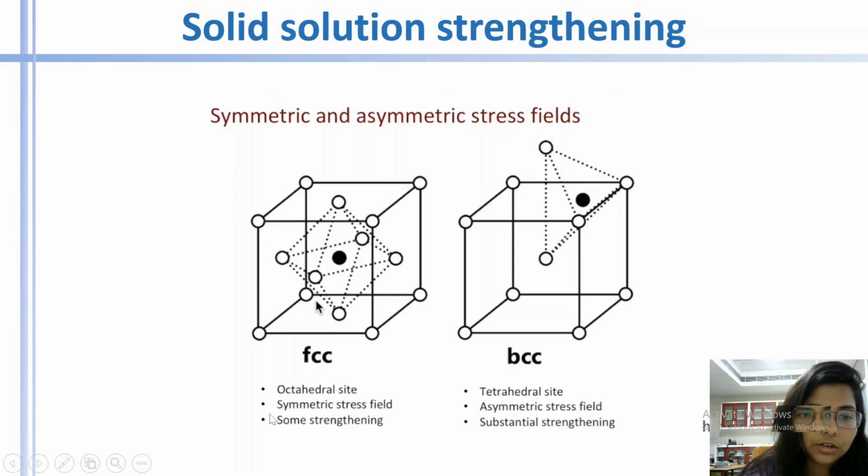This leads to a symmetric stress field, and there is a certain amount of strengthening. Versus in BCC, the interstitial atom does not sit on the octahedral site, it sits on the tetrahedral site.